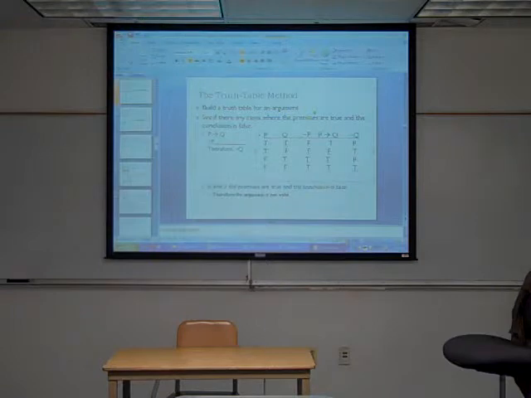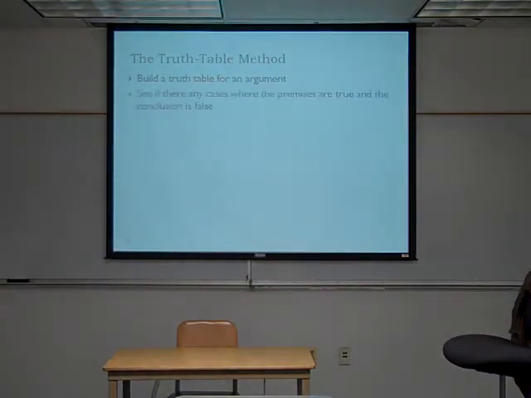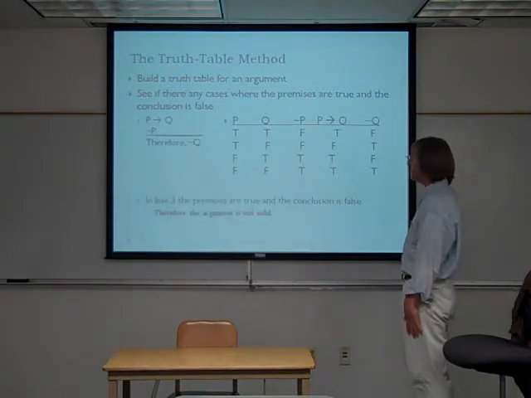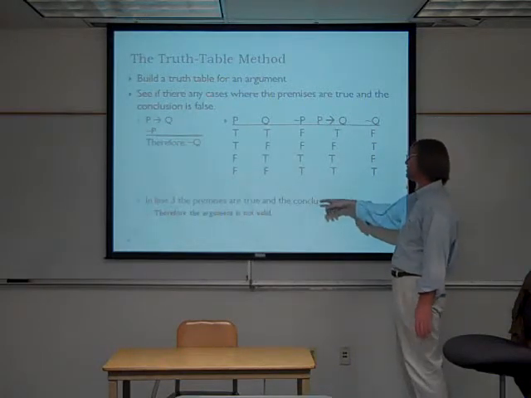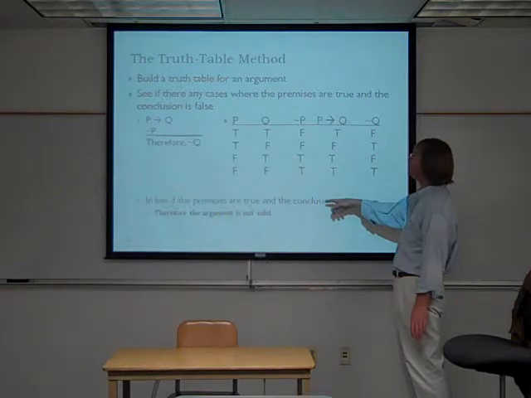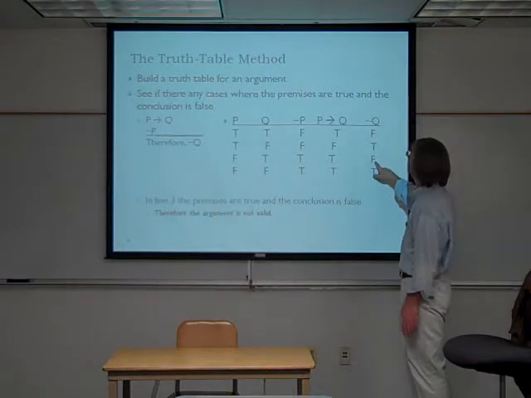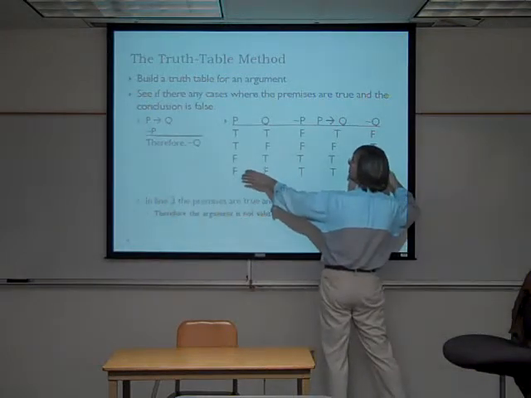So here are the possible truth values that all of the variables can have. Now, what we want to look for, in line 3, we can find that the premises are true, and the conclusion is false. So here are the premises.